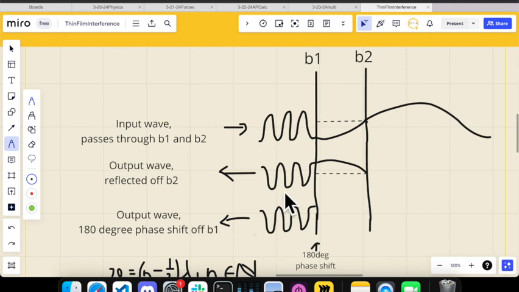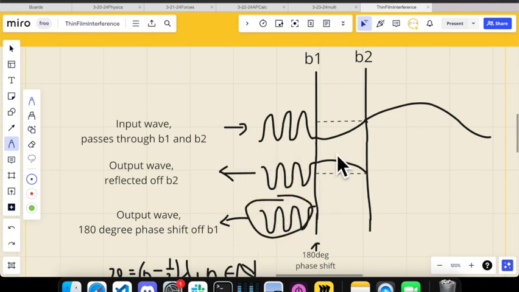And if we want constructive interference, we want the same thing to happen. So again, we can imagine a similar situation where we want to think about what will give us a wave that ends up constructively interfering.